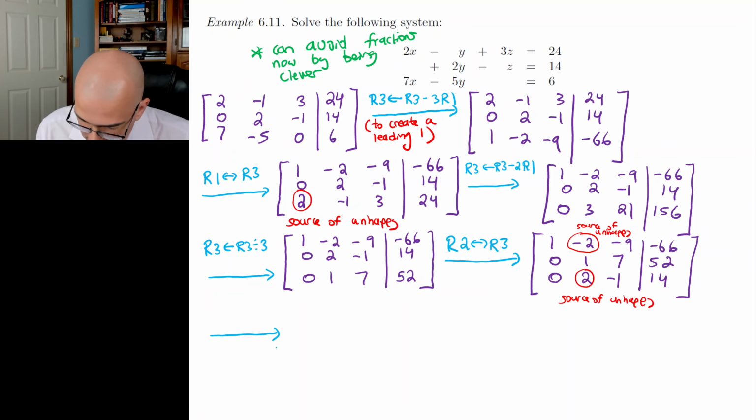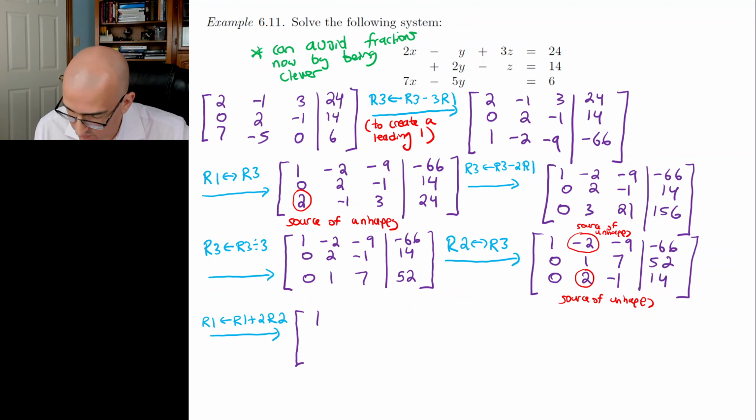So I'm going to replace row 1 with row 1 plus 2 times row 2. So I'll do that as a move. We have 1 plus 2 times 0, which is 1. Negative 2 plus 2 times 1, which is 0. Negative 9 plus 2 times 7, so negative 9 plus 14, which is 5.